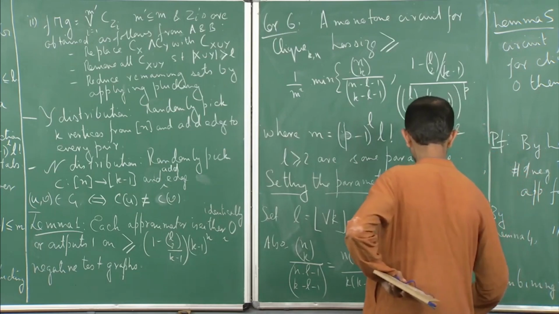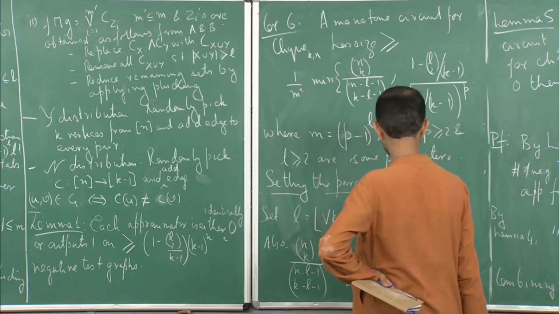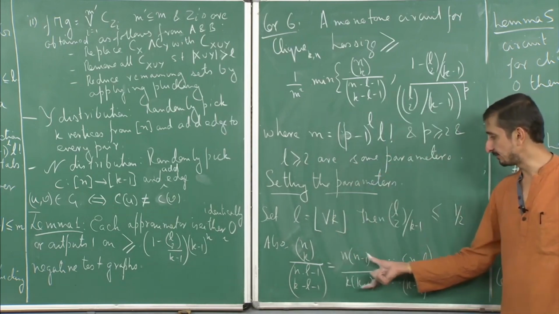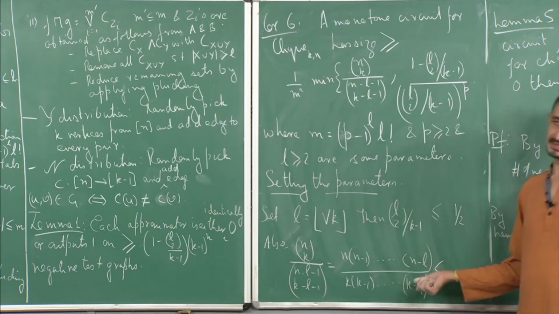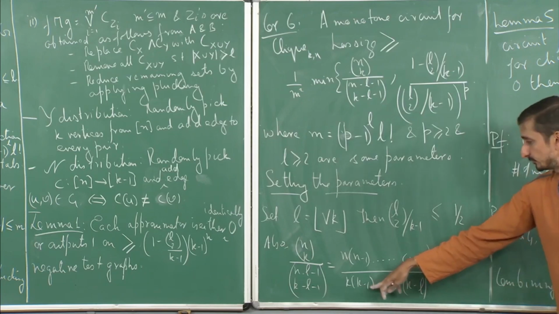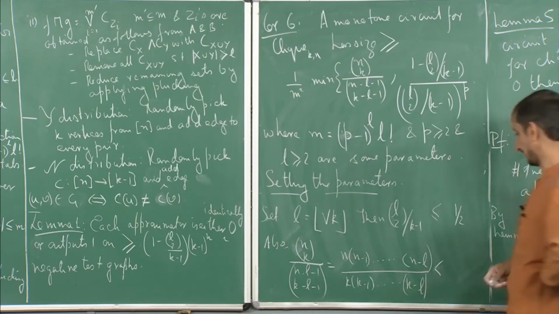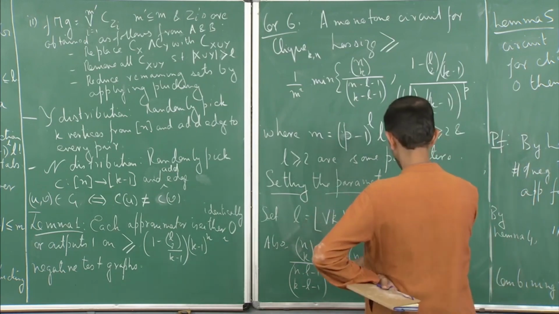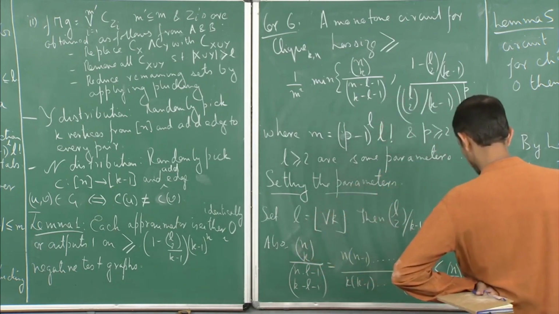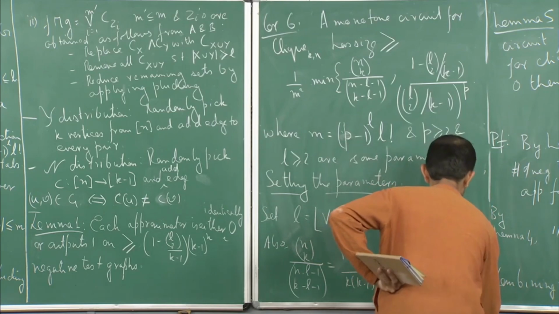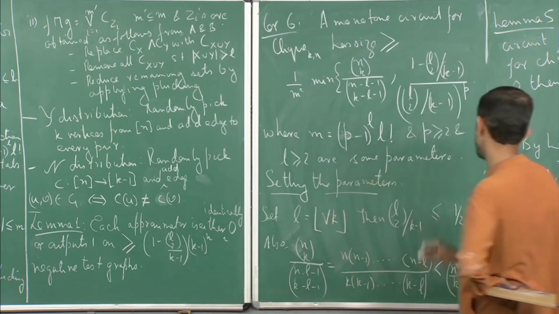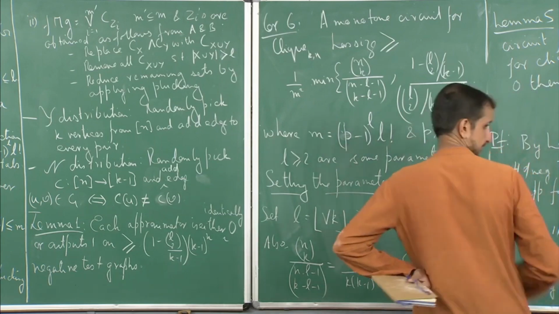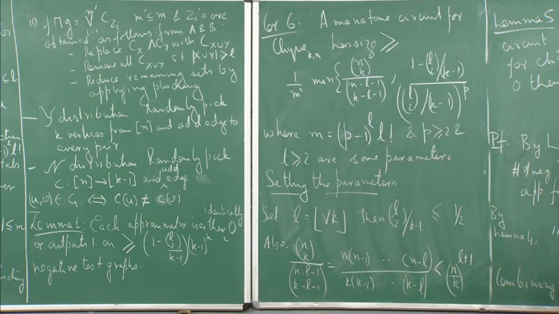And this can be shown to be strictly less than... I mean each of these n minus I divided by k minus I is actually, it's easy to see that it is less than n by k. So this is n by k whole to the power, the number of terms here are L plus 1. Okay. So now let's try to simplify this, what we get.